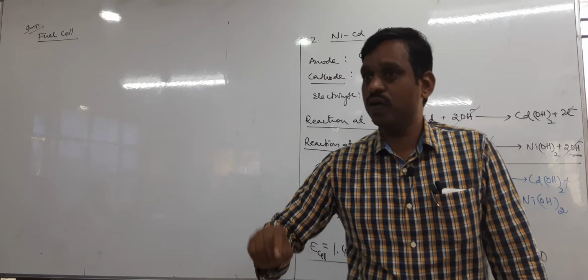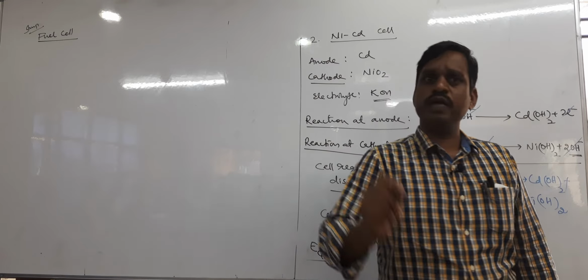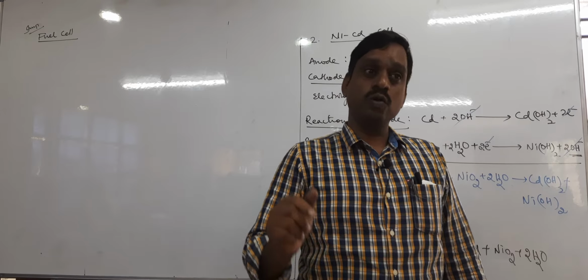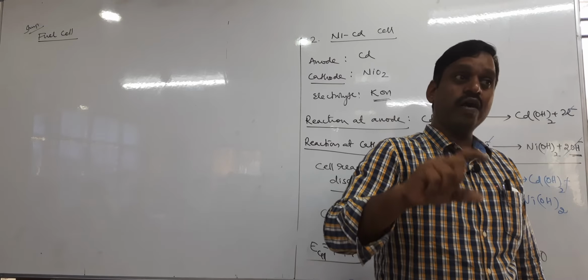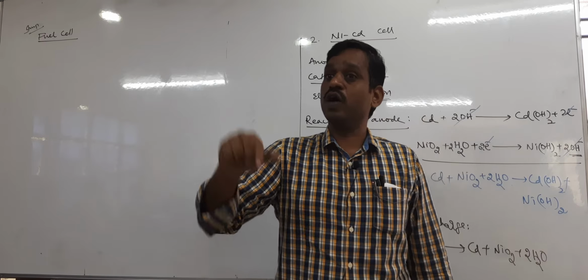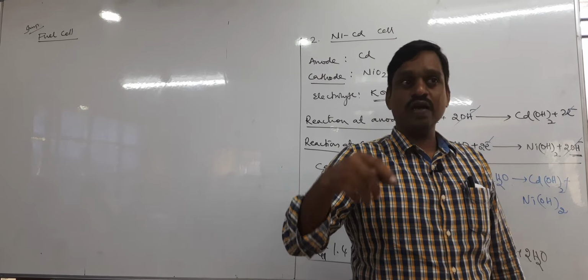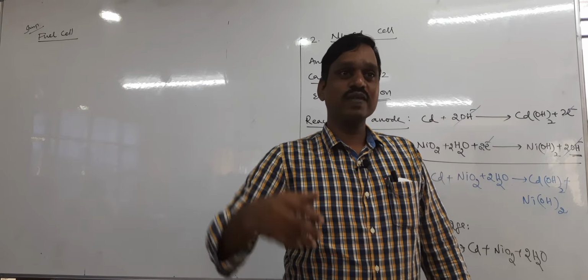In our syllabus we have the oxygen hydrogen fuel cell. This oxygen hydrogen fuel cell is very important. It was used in the Apollo space program to get water, right? When hydrogen combines with oxygen, it forms water and it also produces electric current. Therefore, the electric current is used, and the water is also used for drinking purposes.